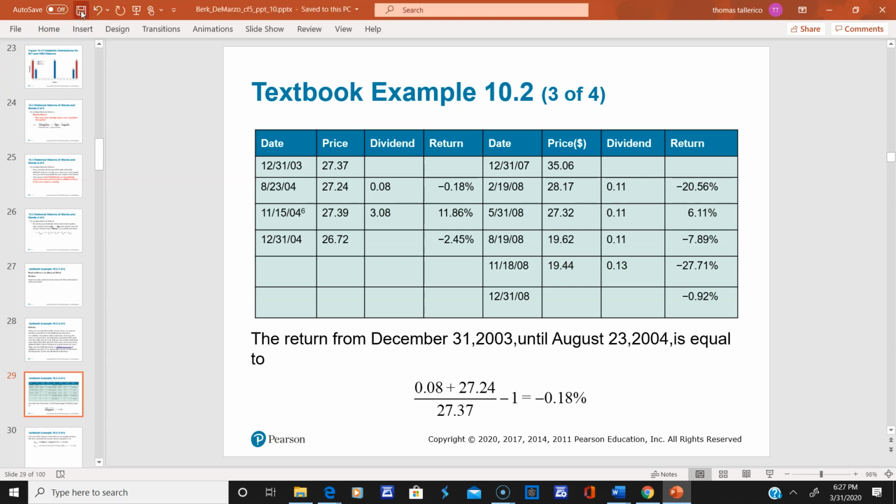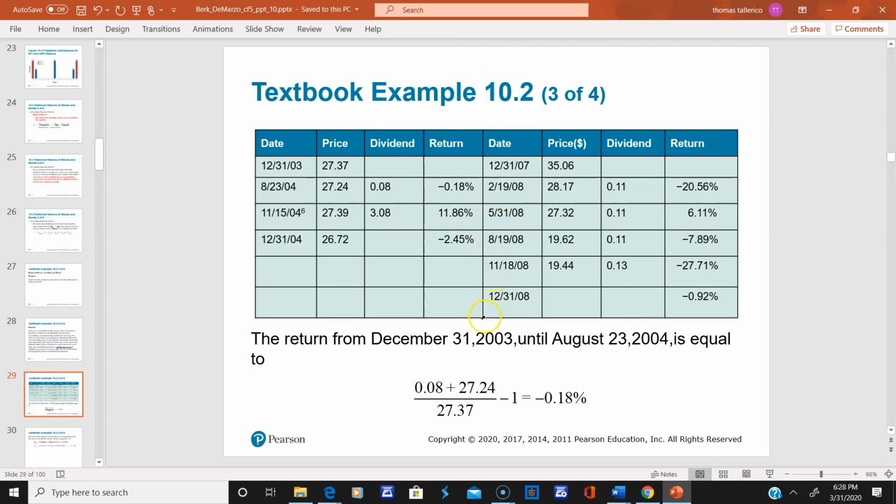Great. Now, let me save that. So here are the different prices for each period, and here's the dividend that was paid. This is how the return was calculated. They show you how they did one of them as an example, and there are more dates here.